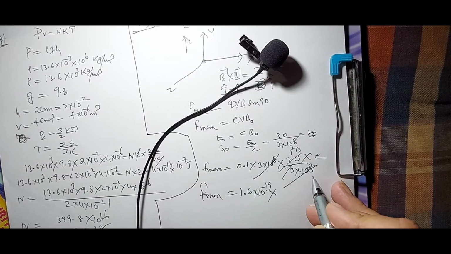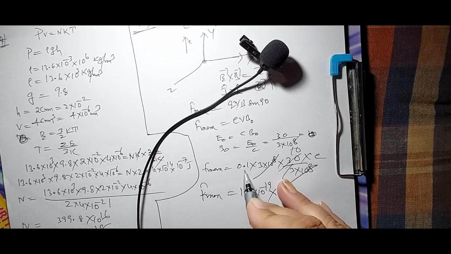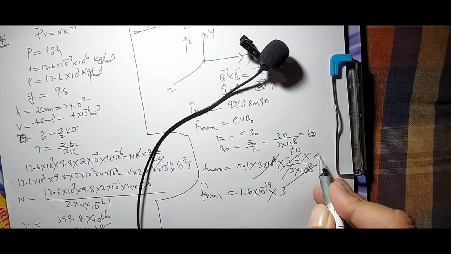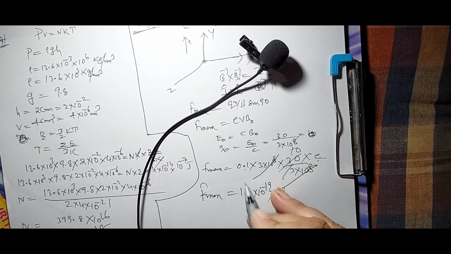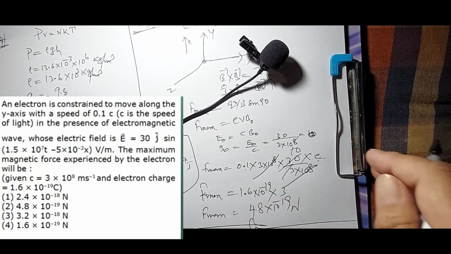So here 3 into 10 to the power of 8 cancels, 30 into 0.1, into E, the charge of the electron, that is 1.6 into 10 to the power of minus 19. So F maximum is equal to, we get 4.8 into 10 to the power of minus 19 newtons. So our option is option 2.